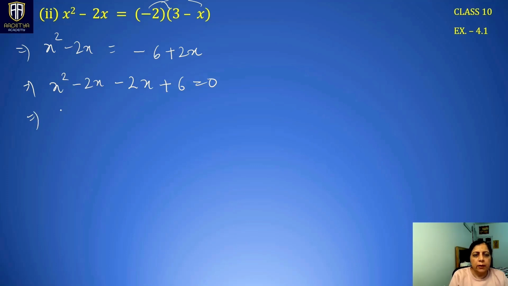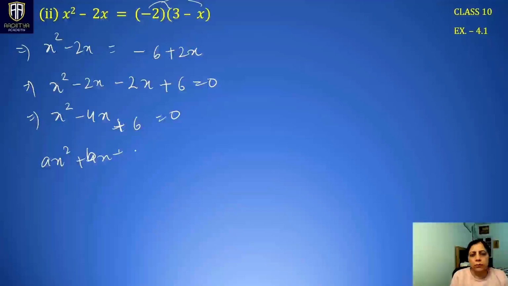When we simplify, we have x square minus 4x plus 6 is equal to 0. So now you can see that again if we compare it with this, we can say that ax square plus bx plus c is 0. We have the highest power of the equation being 2. Since the degree is 2, therefore this is a quadratic equation.